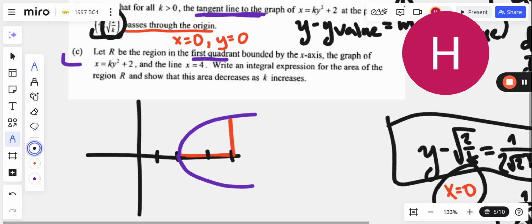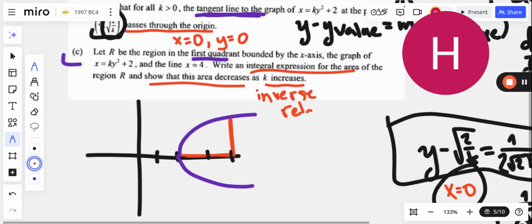We want to write an integral expression for the area, but we also want to show that the area is decreasing when k is increasing. So we want some kind of inverse relationship between the area, which is this area, and if k were a different value.